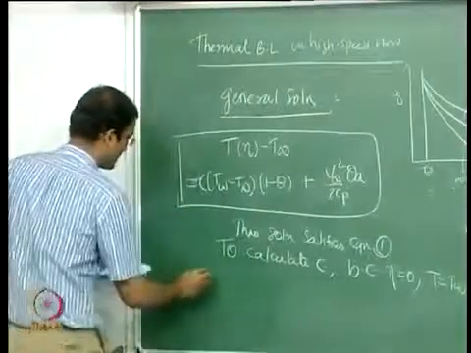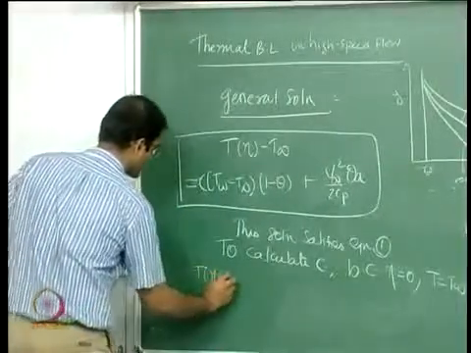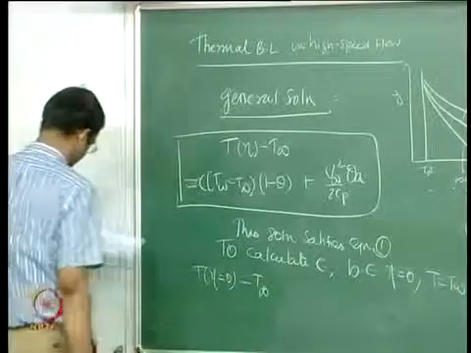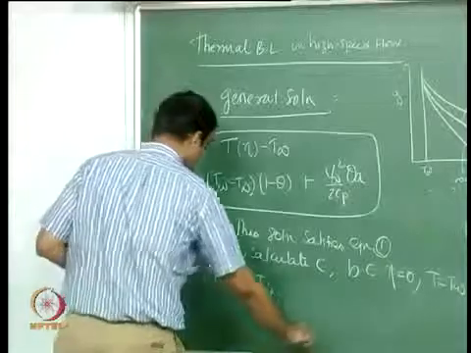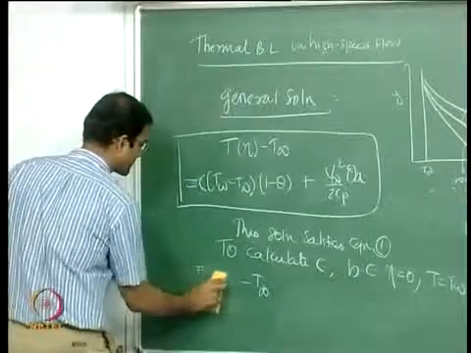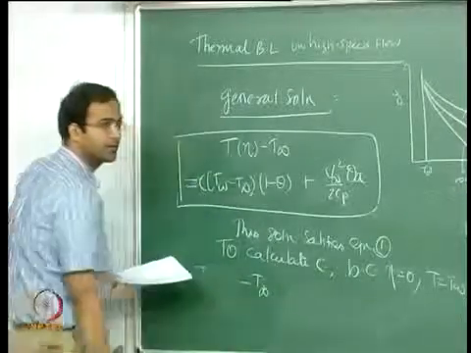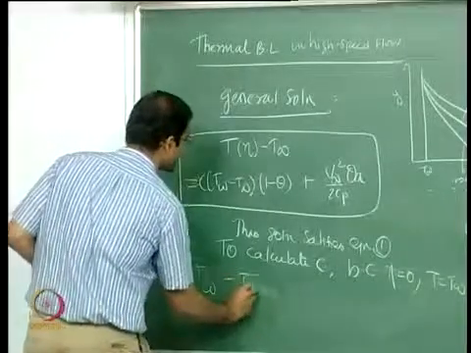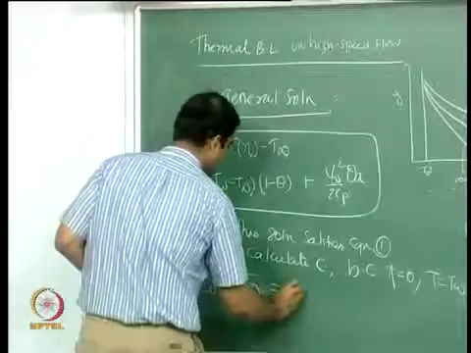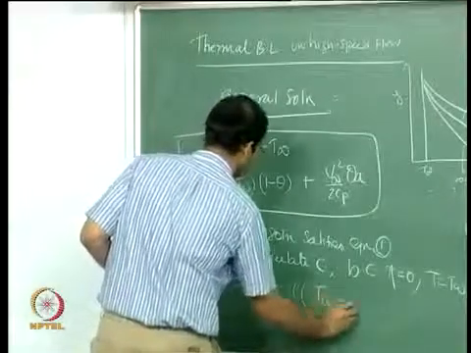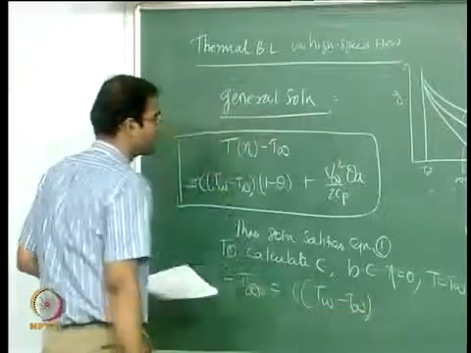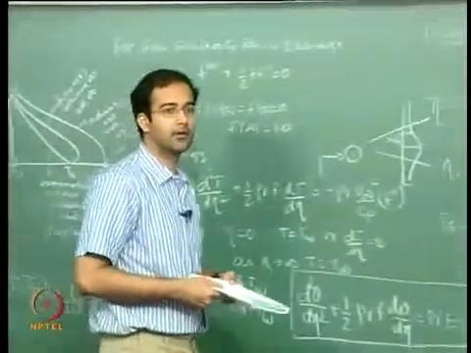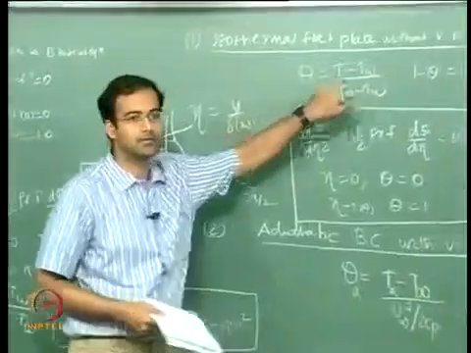So T at eta equal to 0 minus T infinity. This is nothing but what? T at eta equal to 0 is T wall. That is a fixed boundary condition. So T wall minus T infinity will be equal to C into T wall minus T infinity into theta at y equal to 0, right?